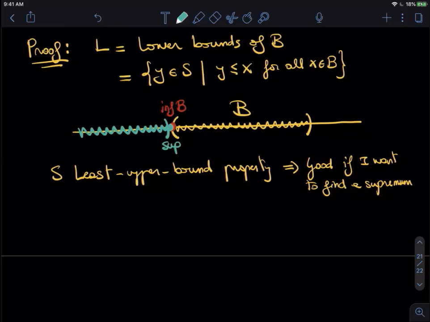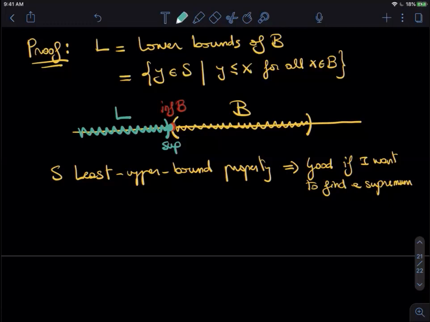So what is the set I'm talking about? Because B is bounded below, this set on the left is the set L of lower bounds. Every element in this set, let's pick this one for example, is a lower bound for B. All of them are lower bounds for B. So this is a set that is also bounded above by B, because B is next to it, on the right.